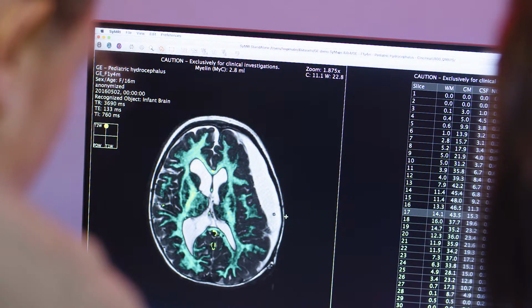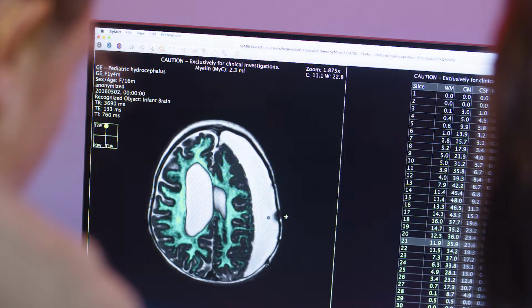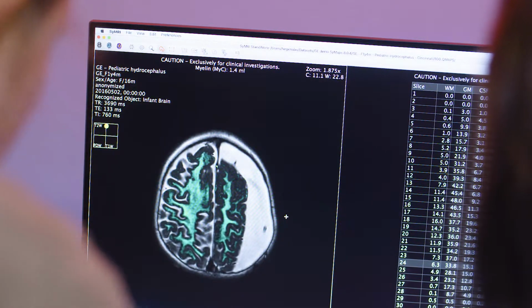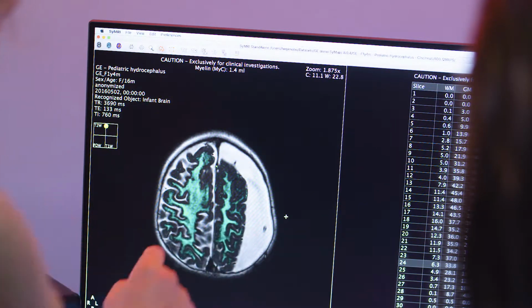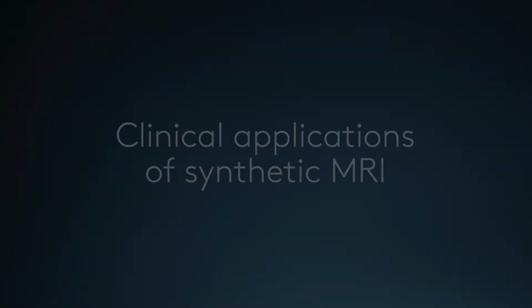And there we think we are obtaining at this very moment very interesting results. So we started up a collaboration with synthetic MRI, and in the coming months and the coming year we will create quite a big database of young-born children in order to be able to look at the parameters that come out of synthetic MRI in those young brains.